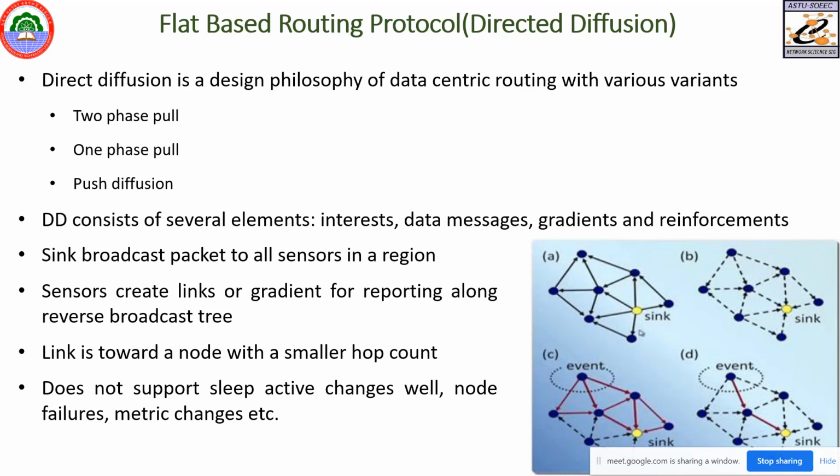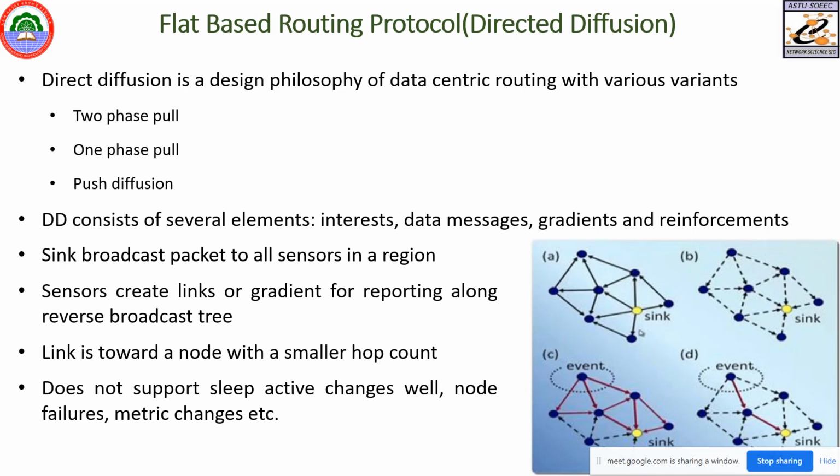If you observe this image, we have a sink node represented in yellow color. Let us assume this sink node broadcasts the request message, or interest message, to all the nodes in that region.